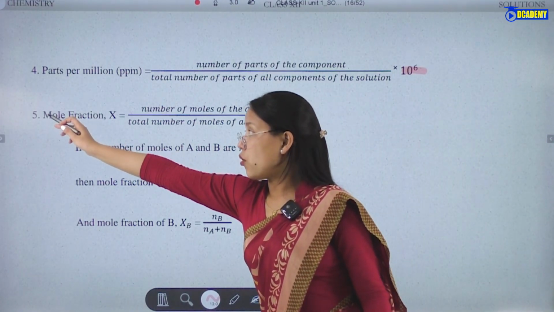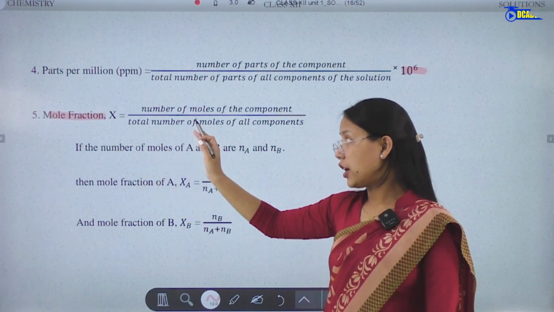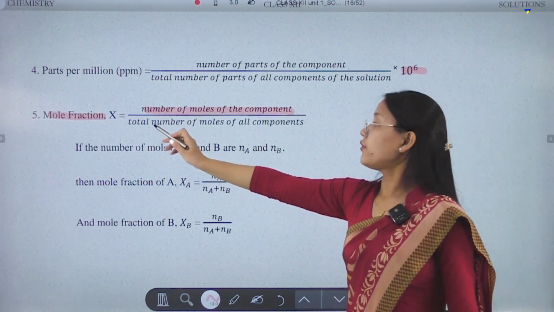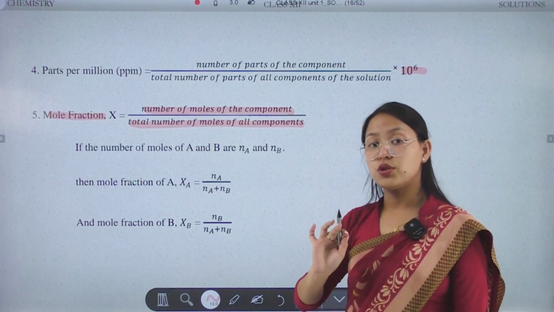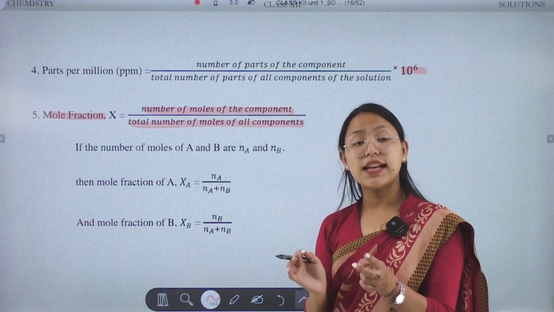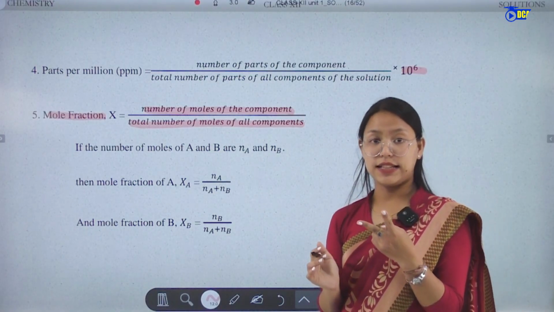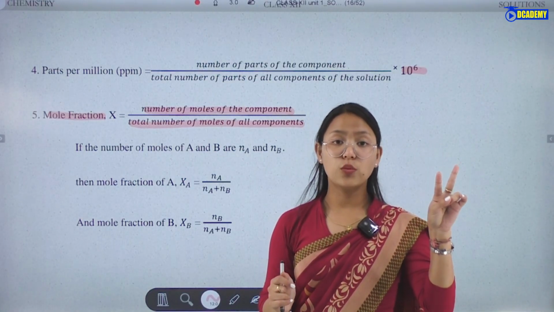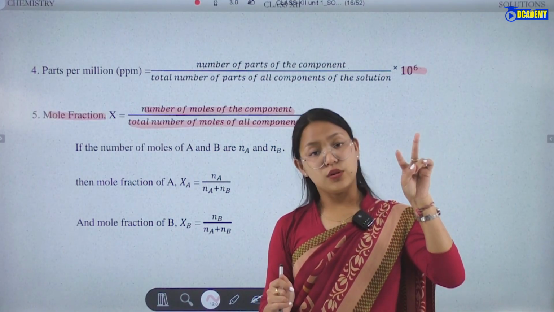And again, mole fraction, it is represented by X. Mole fraction X represents the number of moles of the component divided by the total number of moles of all the components. In a binary solution it will consist of two components: component 1, component 2, or component A and component B, or solute and solvent.